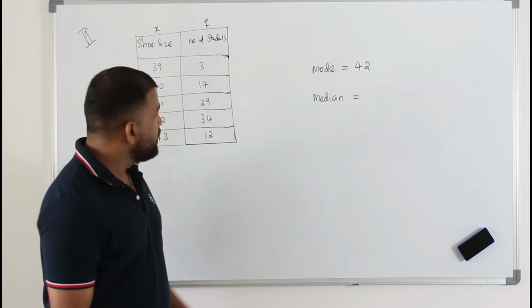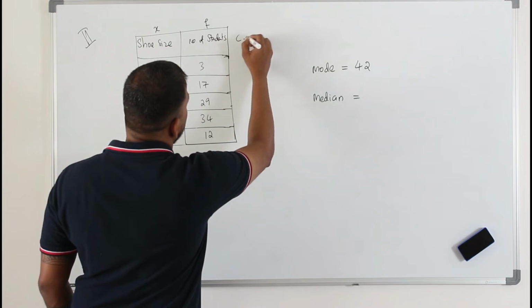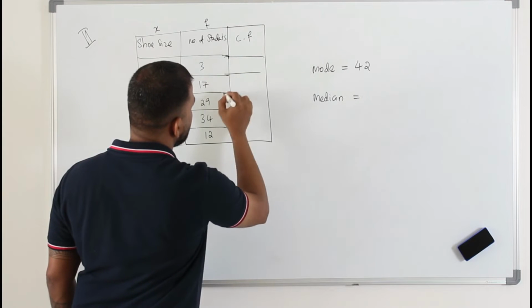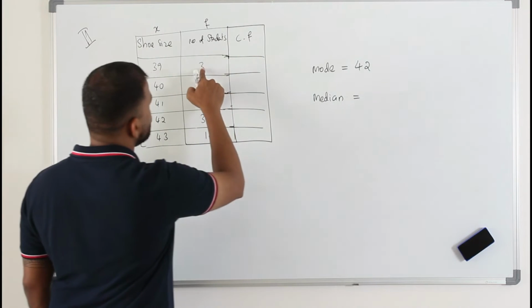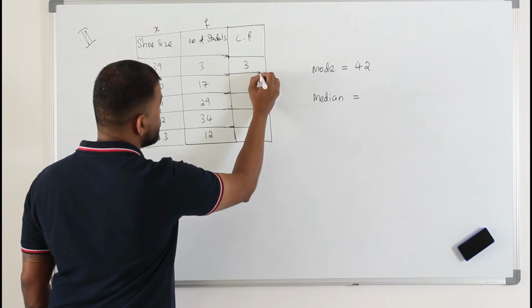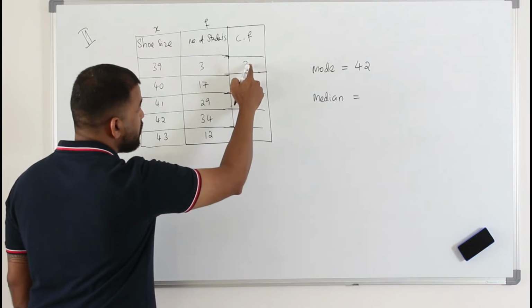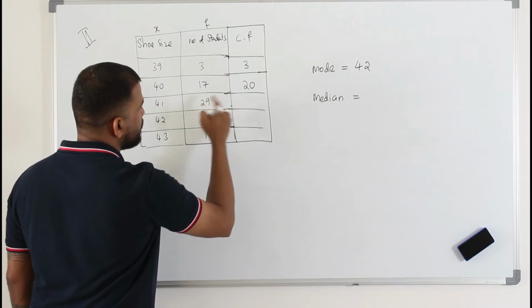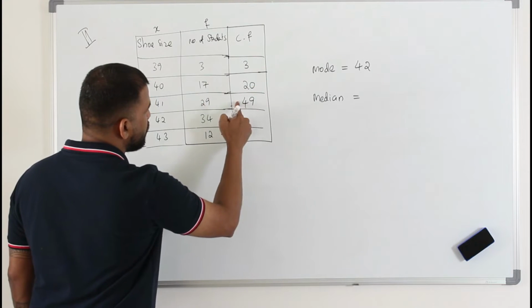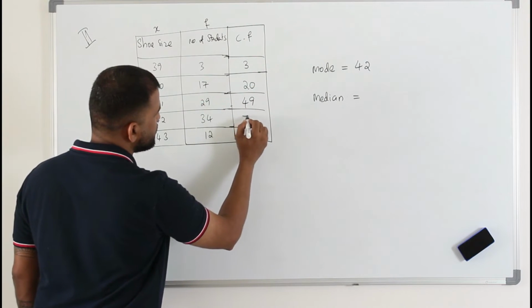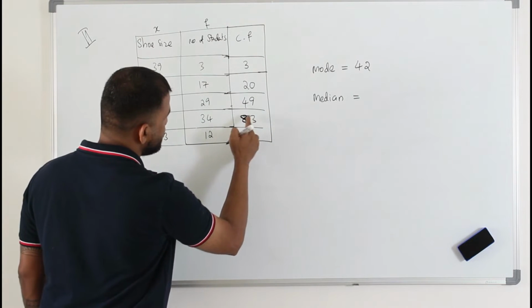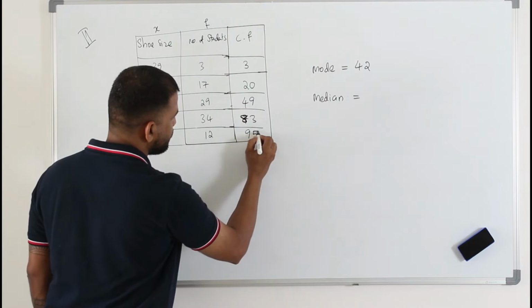Now to find the median, you need to find something called the cumulative frequency. The cumulative frequency is, just write the first frequency as it is and then keep on adding the next one. 3 plus 17, 20 plus 29, 49 plus 13, 73, 83, 83 plus 12, 95.